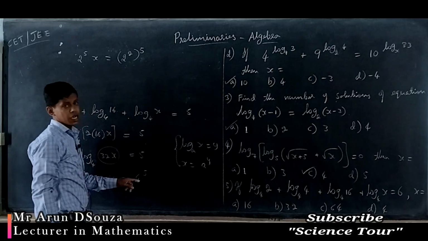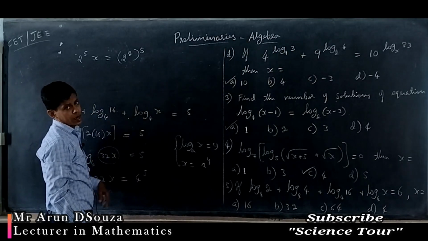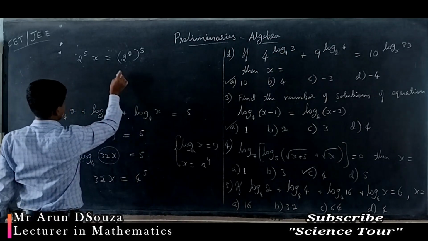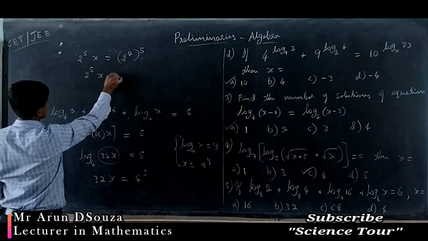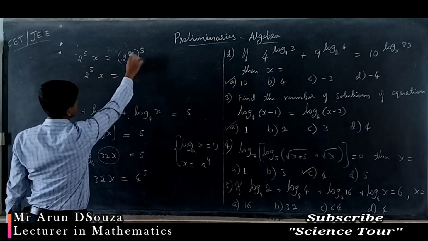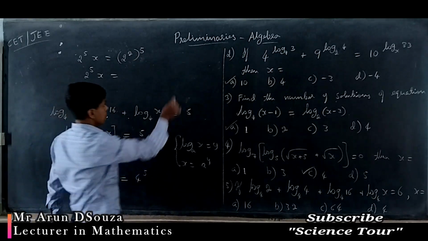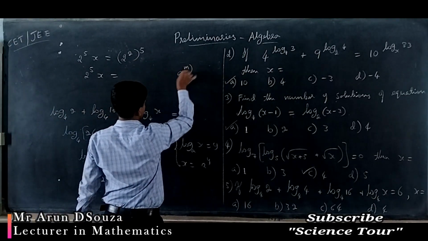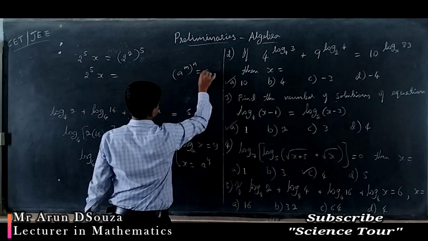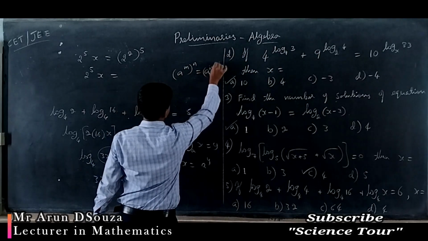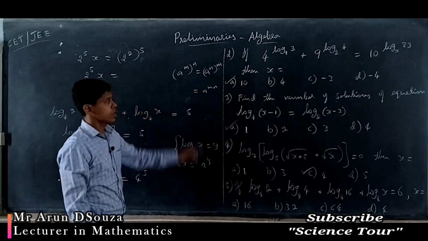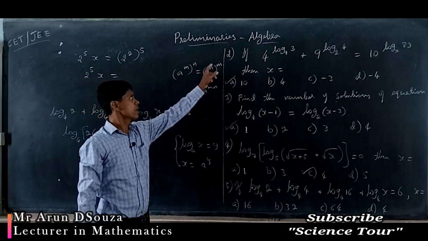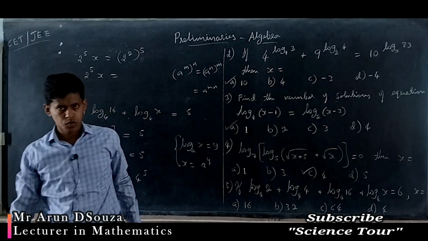What did I do? I just wrote 4 as 2 squared, right? So that will be 2 to the power 5x, and these powers are interchangeable. If you have a raised to m raised to n, both are equal to a raised to mn, correct? So this will be multiplied, nm or mn, both are the same when you multiply.